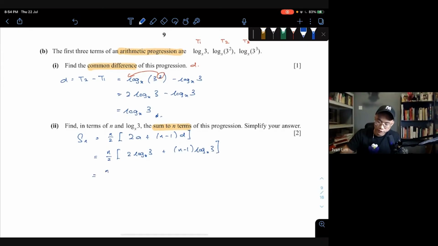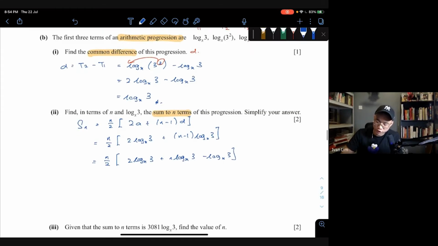Let's simplify it. n over 2, 2 log x3 plus n log x3 minus log x3. 2 log x3 minus log x3, so n over 2 log x3 plus n log x3.